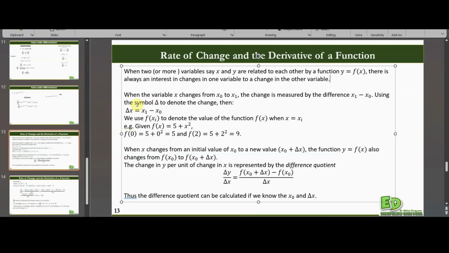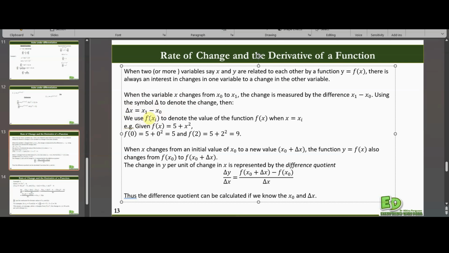So the change in x is x1 minus x0. It's just like finding your gradient, where you have a change in x of x2 minus x1. So here it's x1 minus x0.